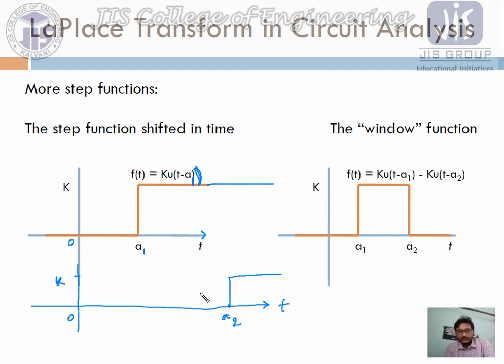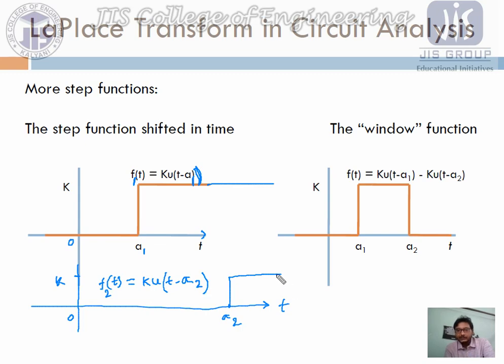So what will this function be? Obviously we write the first function as f1 of t, so we write this one as f2 of t. Can we write this function as k into u of t minus a2? Possible, no more problem.